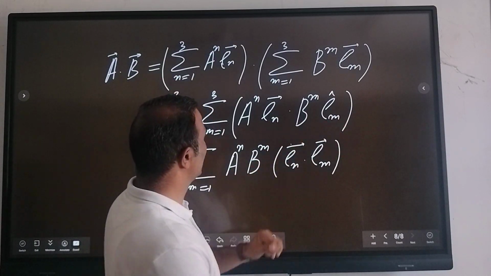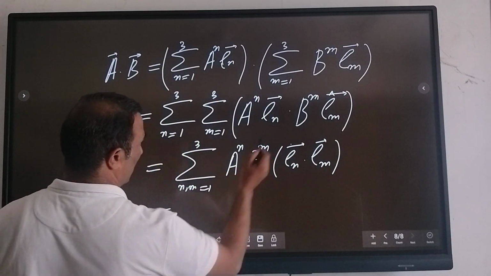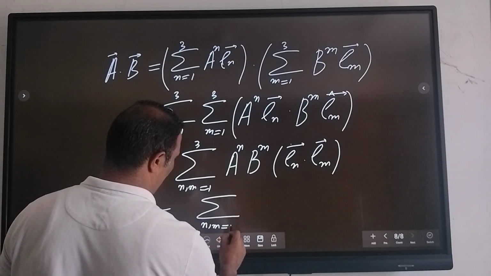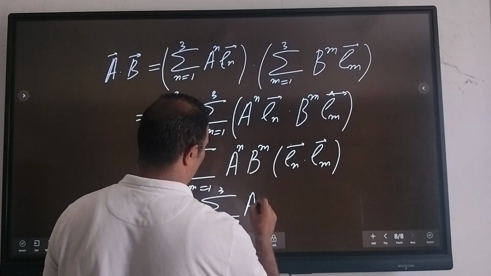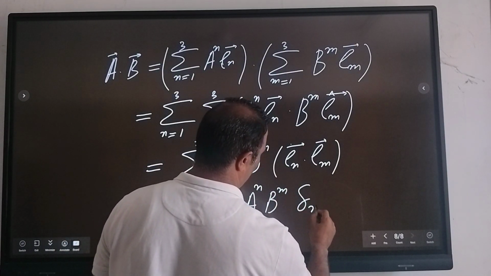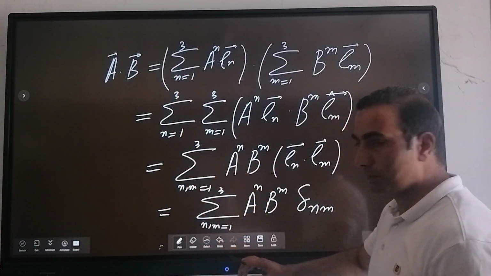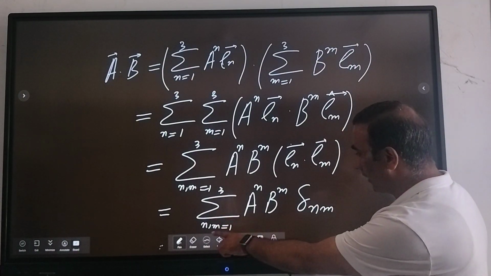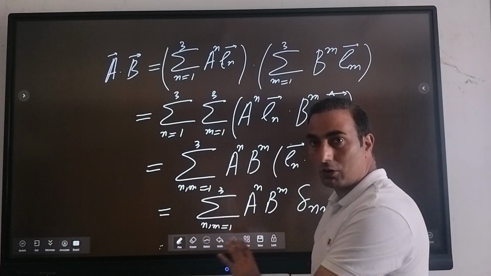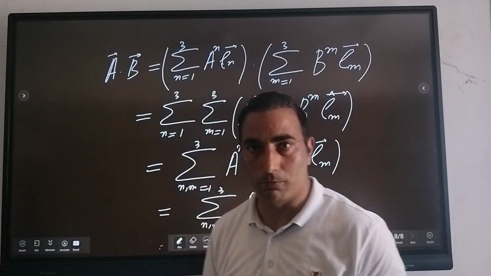Take the dot product between these two vectors, these vectors I mean to say. You can write this as, so this will be, okay. Now this is very clear. So that means if you take the dot product between the vectors, you can write it in terms of n comma m, or you can write two summations like this. So we can write it like this also, both running from 1 to 3, right? So first corresponds to 1 is x component, 2 corresponds to y, and 3 corresponds to z component, right?